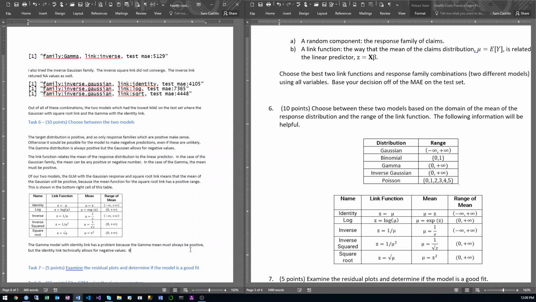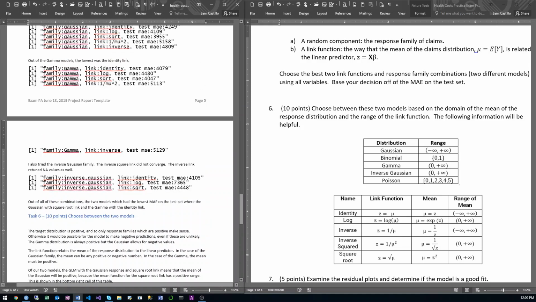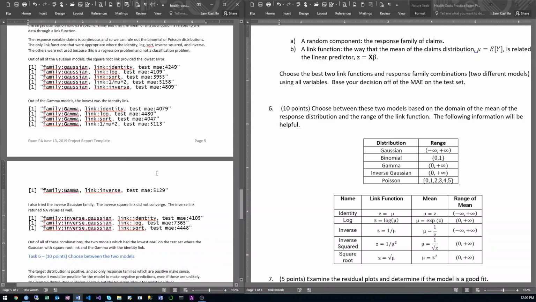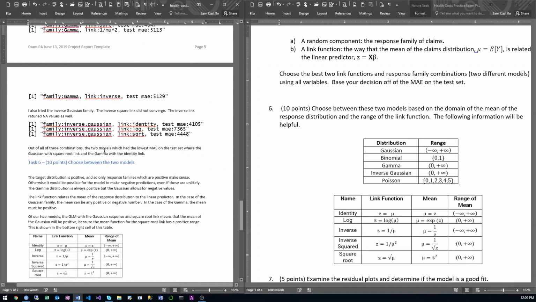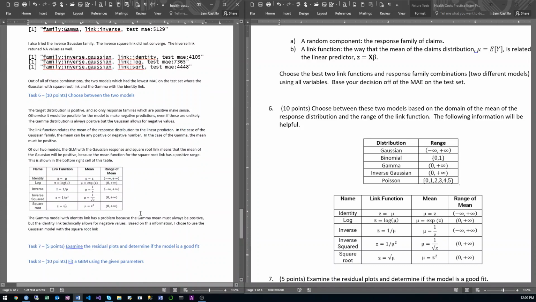So based on this information, I chose to use the Gaussian model with the square root link. So let's just make this more clear. Here's the Gaussian model with the square root link.